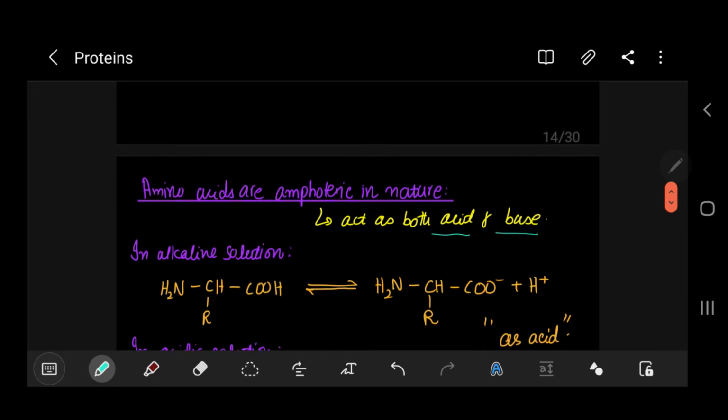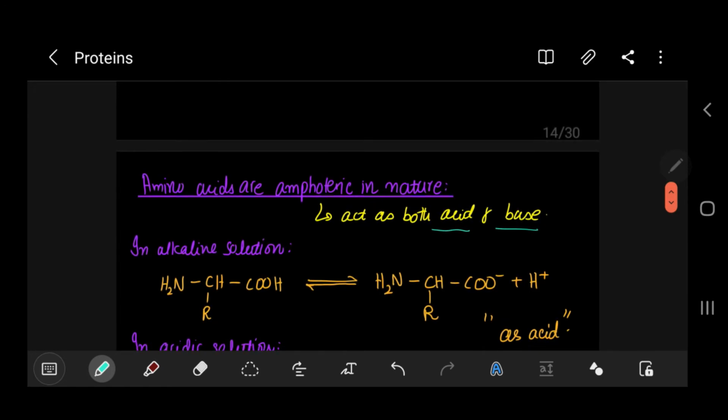Now, if you look at alkaline solution, if I add an amino acid, irrespective of the R group, what will happen? It will react irreversibly and dissociate.